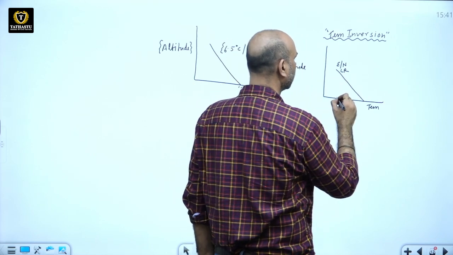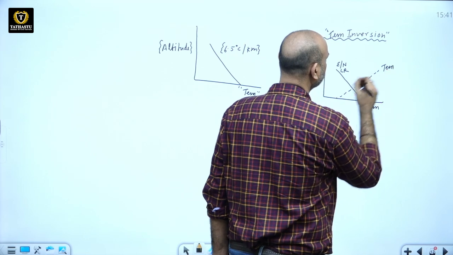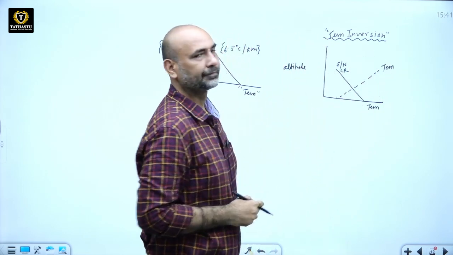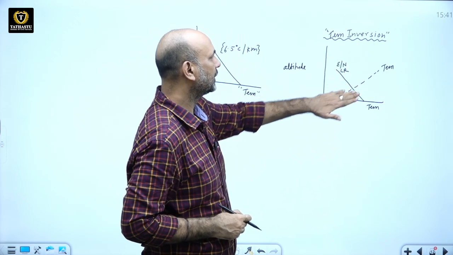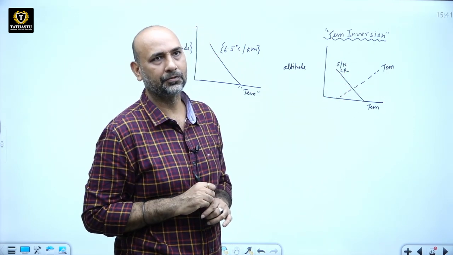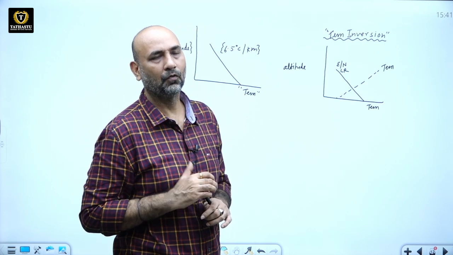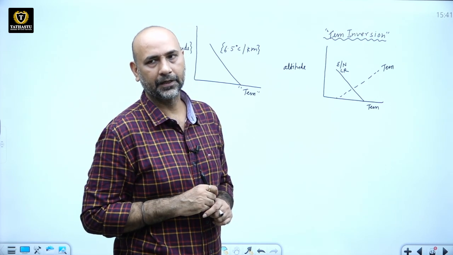Instead of this situation, if temperature increases with altitude, see here, this is the environmental or normal lapse rate with decline of temperature with altitude in the troposphere. Why? Surface heating is the source of tropospheric heating.